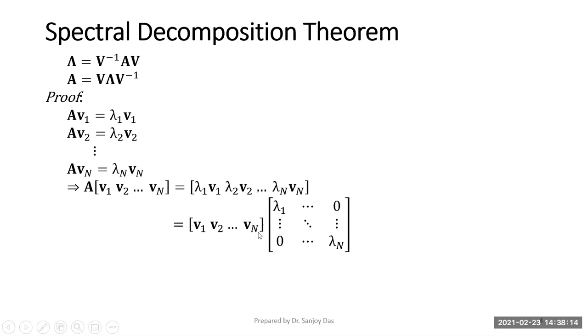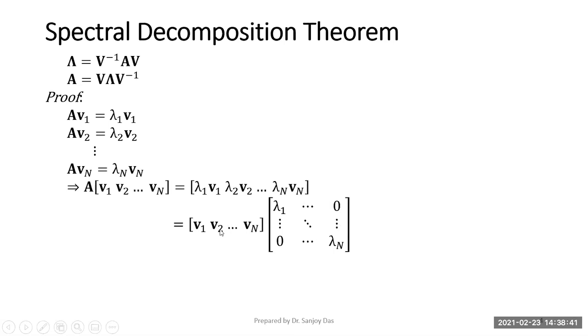And all the way until the last column here, v1 is getting multiplied by 0, v2 will get multiplied by 0. So basically all the eigenvectors here, v1 through vn minus 1, will get multiplied by 0, except vn, which gets multiplied by lambda n, leaving lambda n vn as the last column.